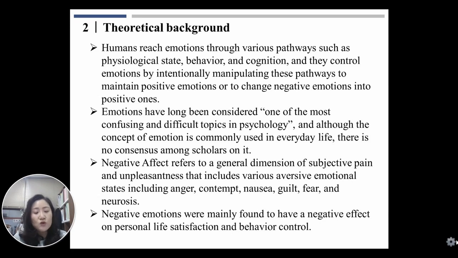Negative emotions do not simply have a negative effect on the process of pursuing a goal, but become a signal that helps to avoid obstacles in pursuing a goal and to find something new.